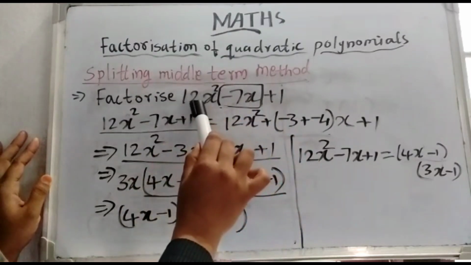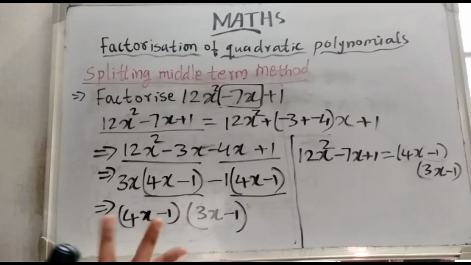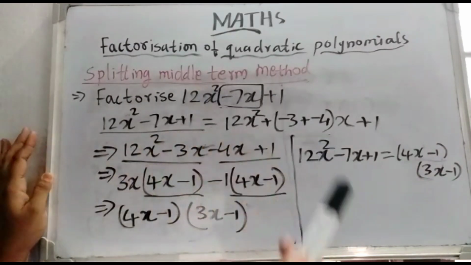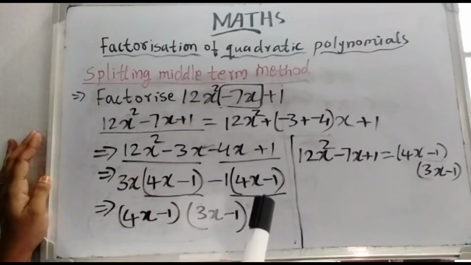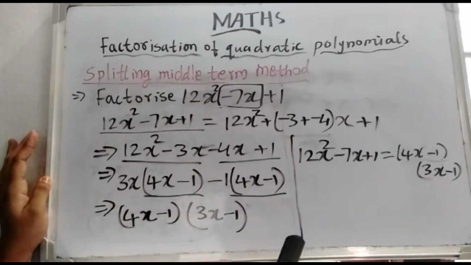Then AC is 12, and we took the factors of 12 as 2, 6, 3, 4, like that. We selected 3 and 4. When we multiply 3 into 4, we get 12, and when we add 3 and 4, we get 7, and we just change the sign according to our convenience. So we took P as minus 3 and Q as minus 4.